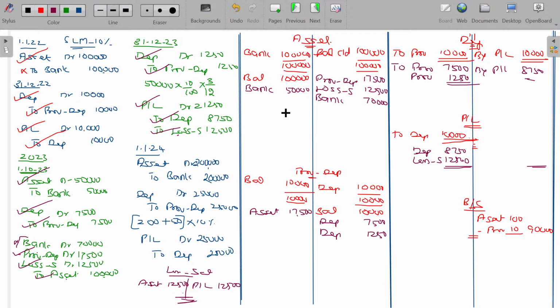So now I close these books of account. Here 1,50,000. Under provision model, the balance will always be at its original cost. We have only one asset, the original cost of that asset being 50,000. And on tallying this, the accumulated depreciation on the asset sold can be found out. 18,750, 18,750, balance carried on.